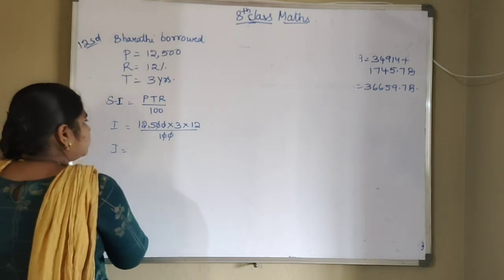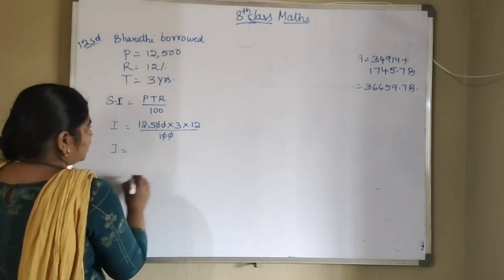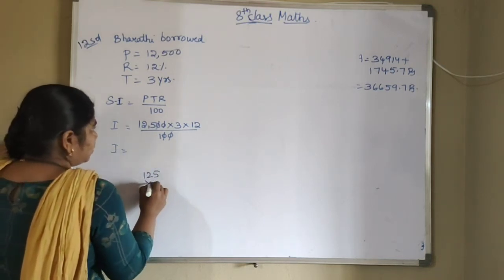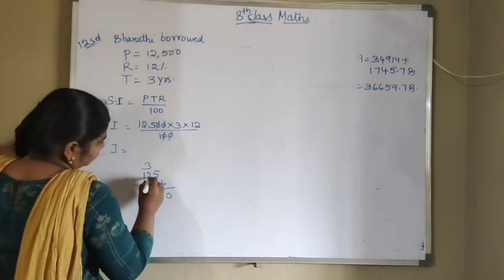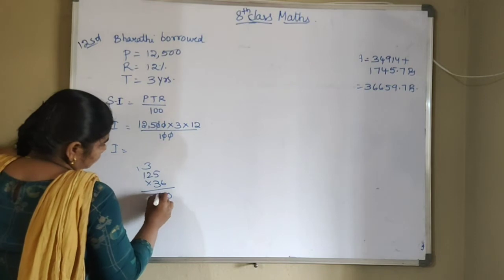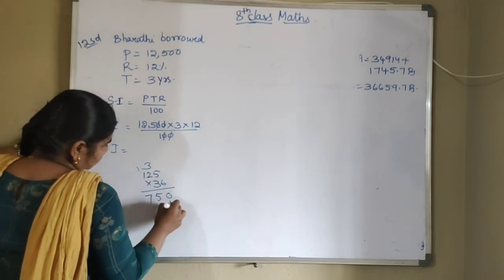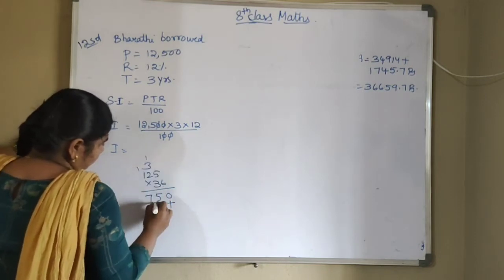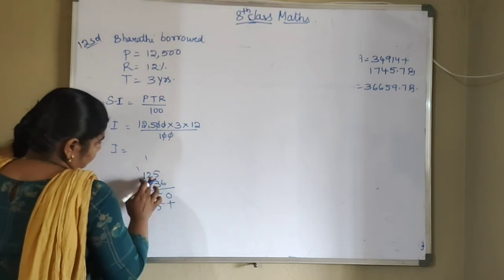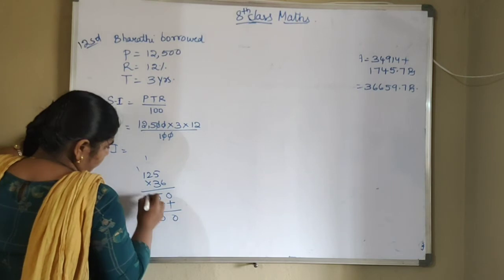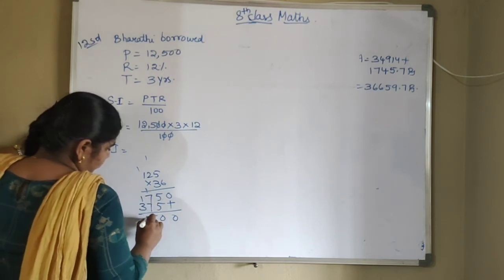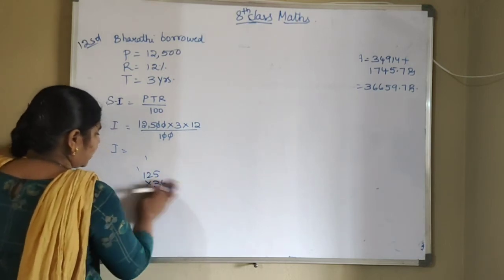So I is equal to how much now? 12 3s are 36, so 125 into 36 we have to do. That is 4,500.